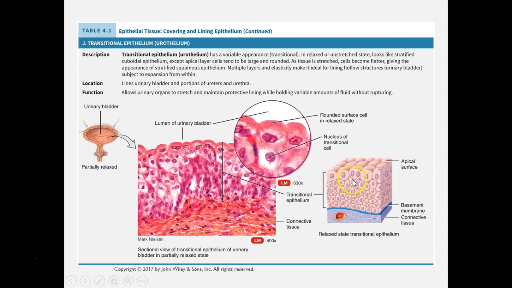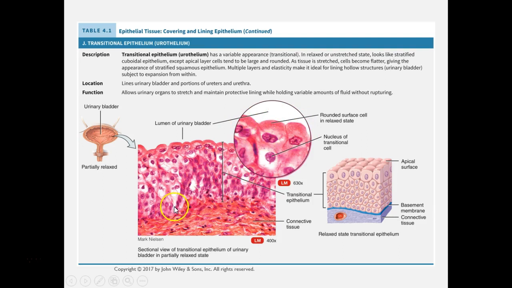So the transitional epithelium that makes up a part of the wall of the urinary bladder is able to change its shape. So if you look in here, these are all transitional epithelial cells, and they look different than these transitional epithelial cells. When they're relaxed, they're not being pushed against and stretched, they're in a more rounded shape, I guess you would say.